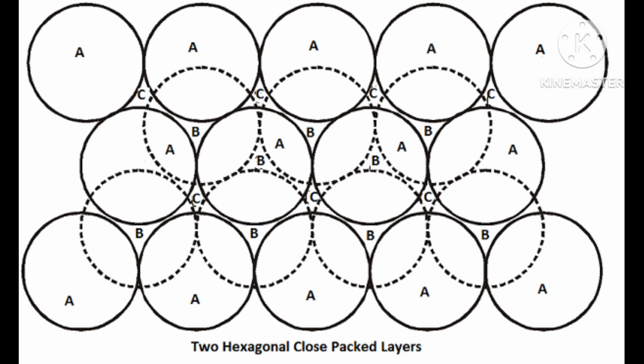I told you, whenever a sphere of the second layer is above the void of the first layer, a tetrahedral void is formed, and these are called tetrahedral voids because a tetrahedron is formed when the centers of these four spheres are joined. It is shown in the diagram. Generally it will be shown by T. T means tetrahedron, and one such void has been formed, that is a T.